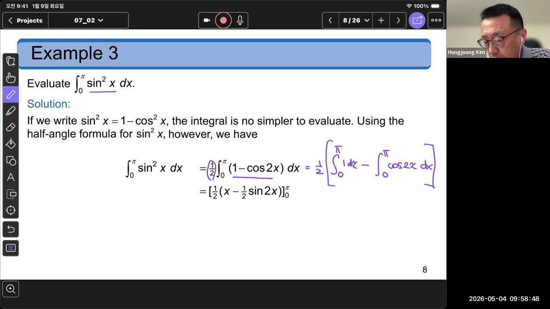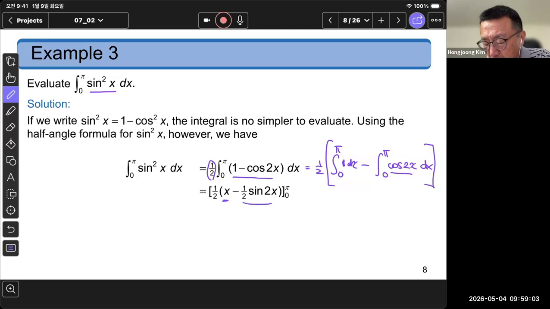Given 1, its antiderivative will be x. Given cosine 2x, the antiderivative will be half of sine 2x.